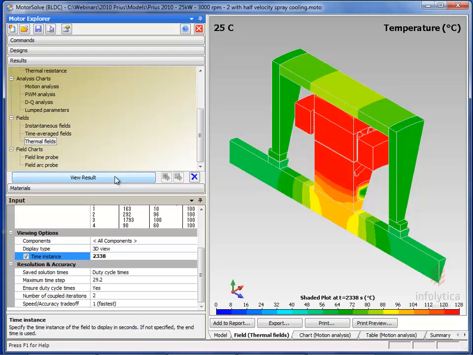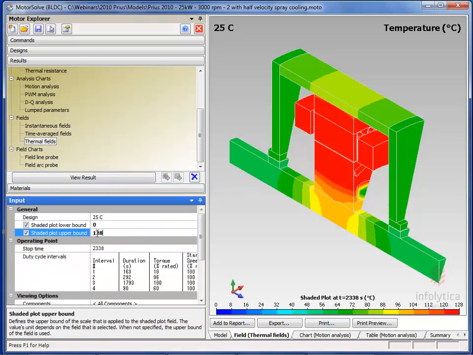I've kept the legend ranges the same so that we could see what level the motor is hotter than the previous machine. Basically the entire stator and most of the rotor are above the maximum temperatures of the previous model.